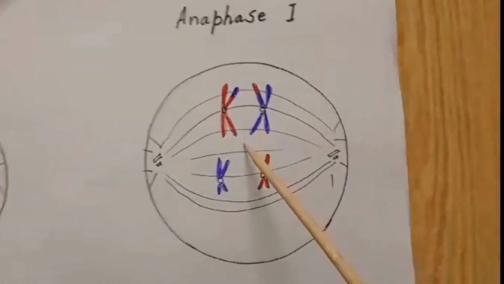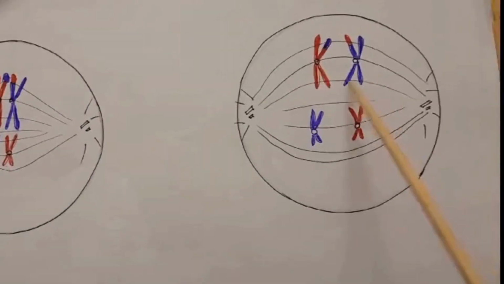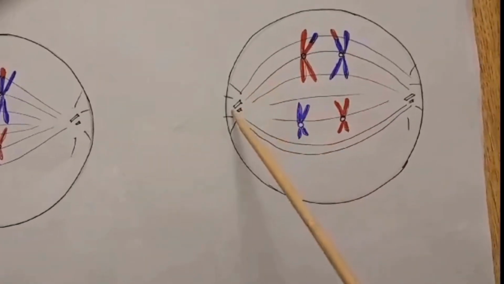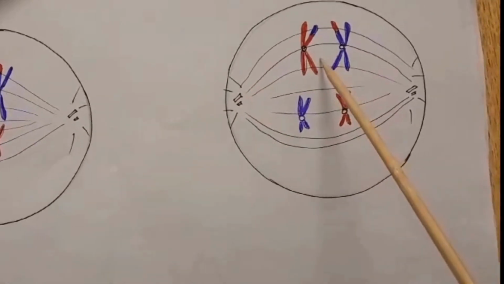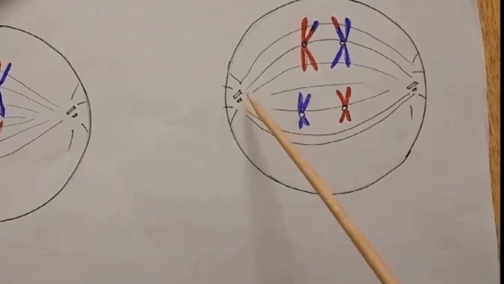Then comes the next phase, which is called anaphase. The homologous chromosomes start moving from the equator, or from the center, to the poles of the spindle.